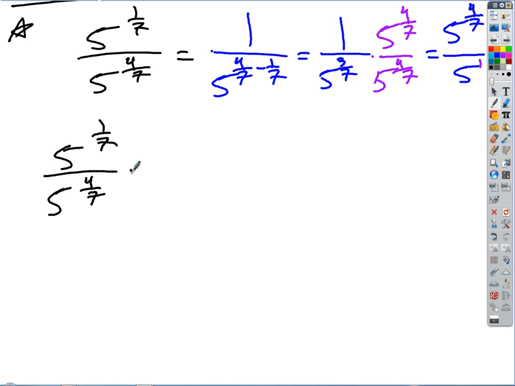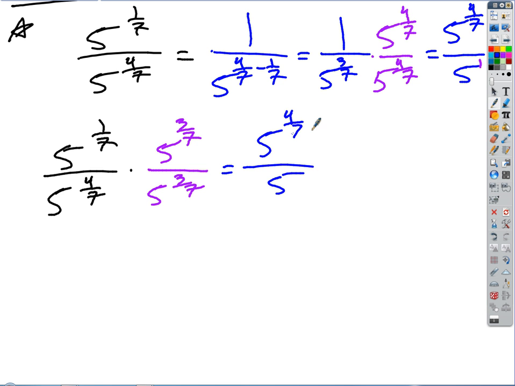Yes. So why not just directly turn the bottom into a 5? What would I multiply top and bottom by to get a 5 on the bottom? Right? And then on the bottom, that's going to give me 5 to the 1. On the top, I get 5 to the 1 seventh plus 3 sevenths. So we can do it in one step.